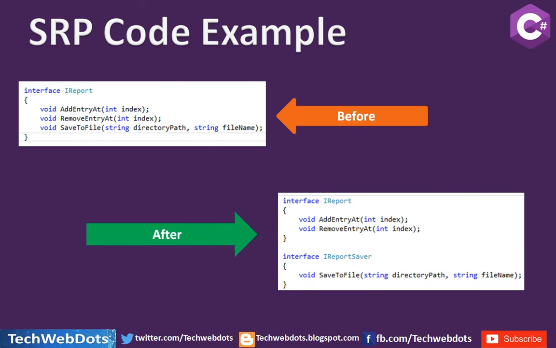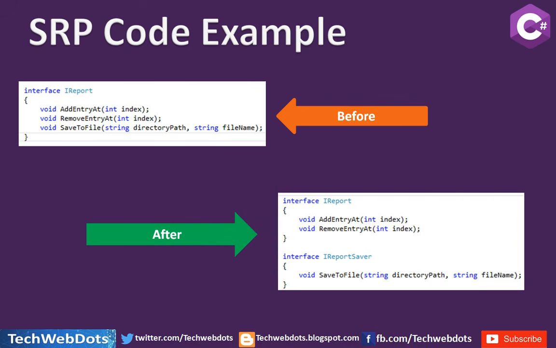So how can we implement this scenario if we are not aware of the single responsibility principle? How can we change this code? We will just separate the single responsibility task into one interface, and what should be separated we will add to another interface.